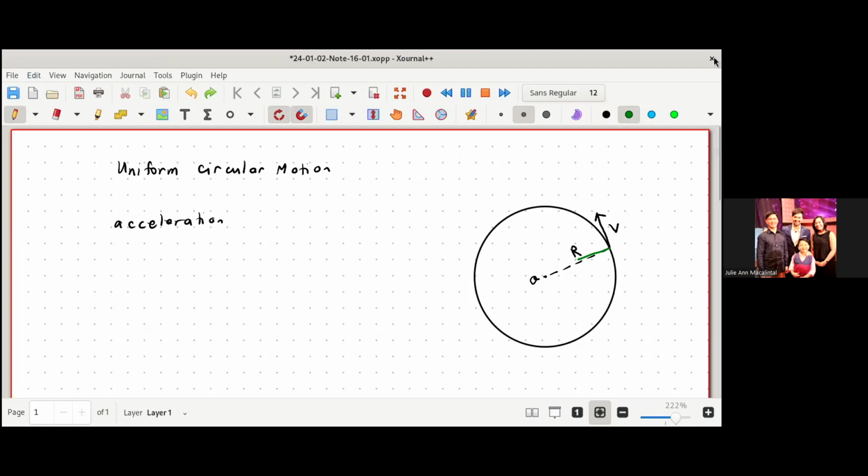Ipapakita ko. So, ito yung radius. And then yung acceleration, yung notation for acceleration ay double-headed arrow. It points towards the center.